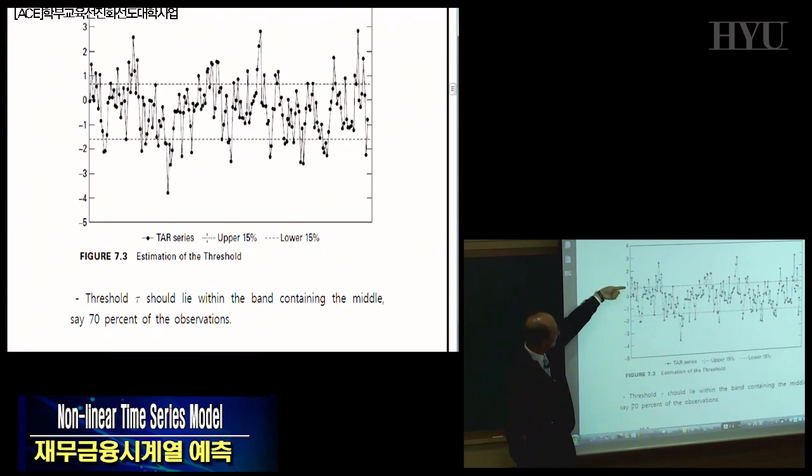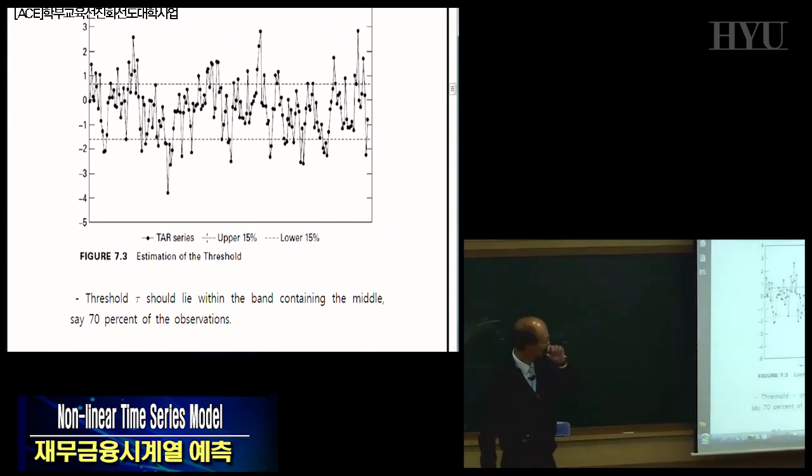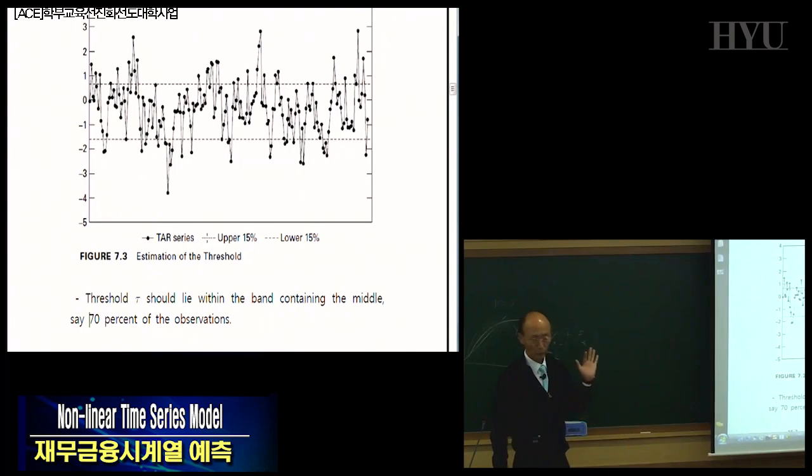So this is the 85th percentile, this is the 15th percentile, leaving the middle 70%. That might suggest how to find the threshold.